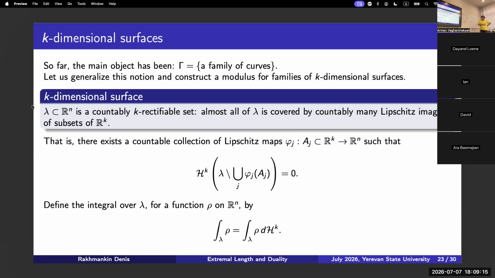It's such a surface that almost all points lie in the image of some Lipschitz function. So almost all points are in a union of images of Lipschitz functions. We may define the integral over a k-dimensional surface in that way, as the integral of rho using the Hausdorff measure.